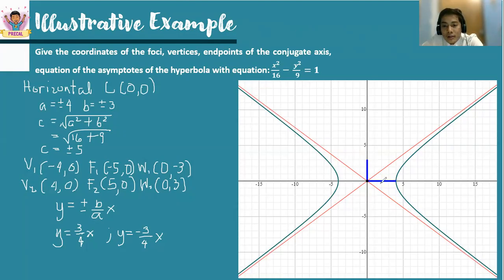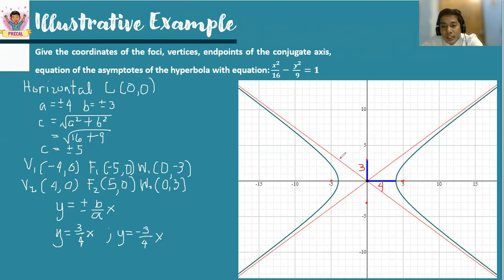Okay, so this is 4 units and this is 3 units. And where is the focus or the foci located? It is located here. This is F sub 1 and this is F sub 2. These are the W sub 1 and W sub 2, where the endpoints of the conjugate axis are.